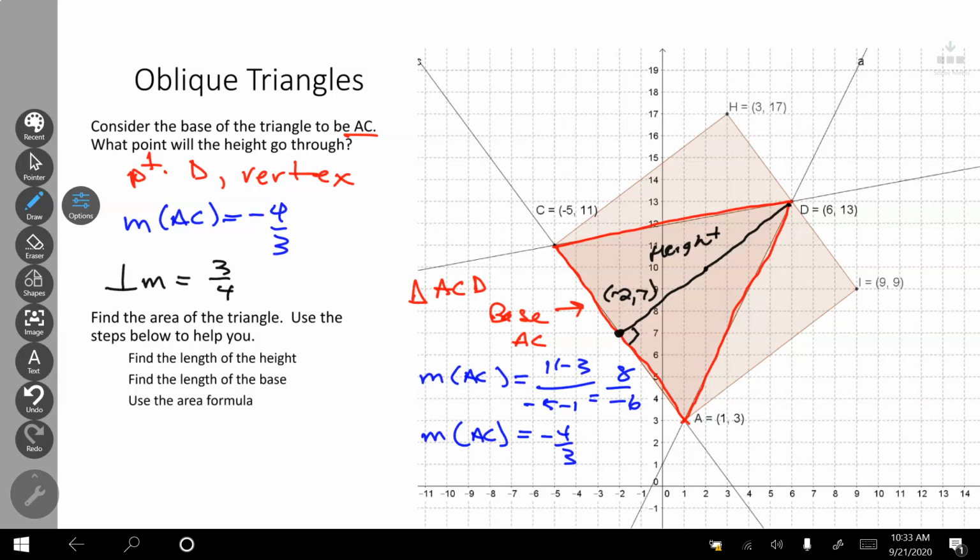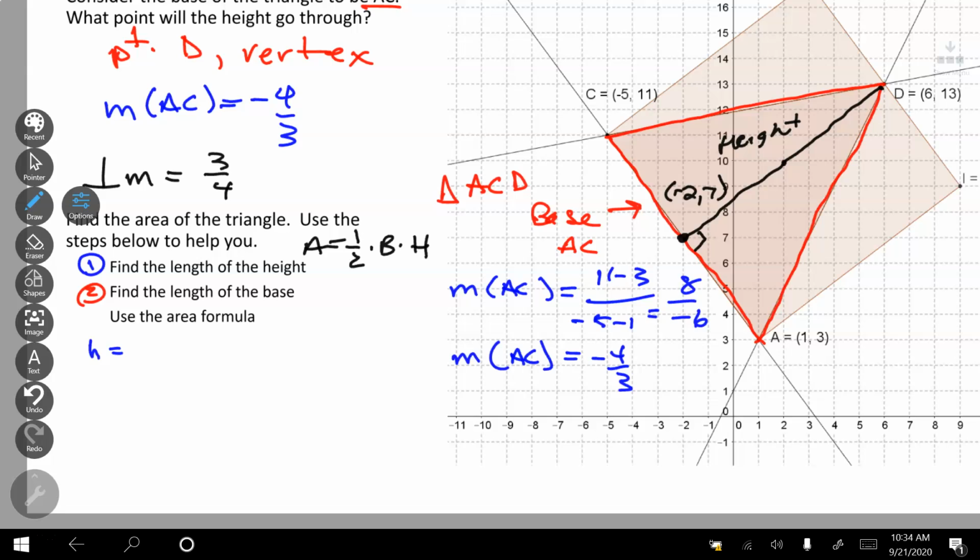And now I have my base, I have my height, I have some points, and I can figure out everything I need to do. So I'm going to figure out my height, and here are my ordered pairs. My change in x is 8 squared, plus my change in y is 6 squared, square root of. I get my height is equal to 10. And I'm going to do my base.